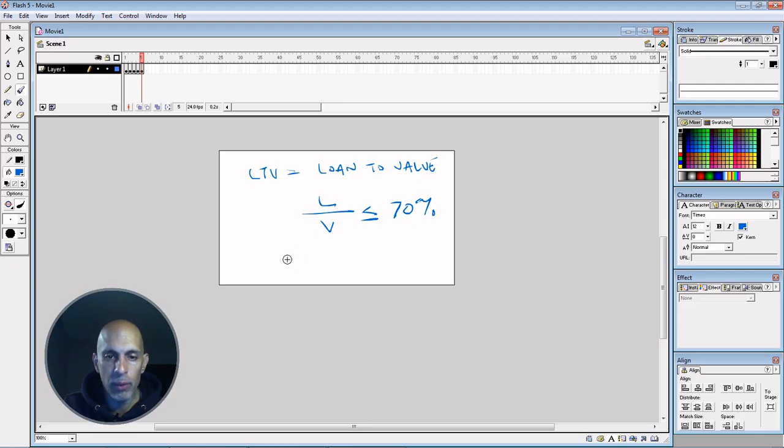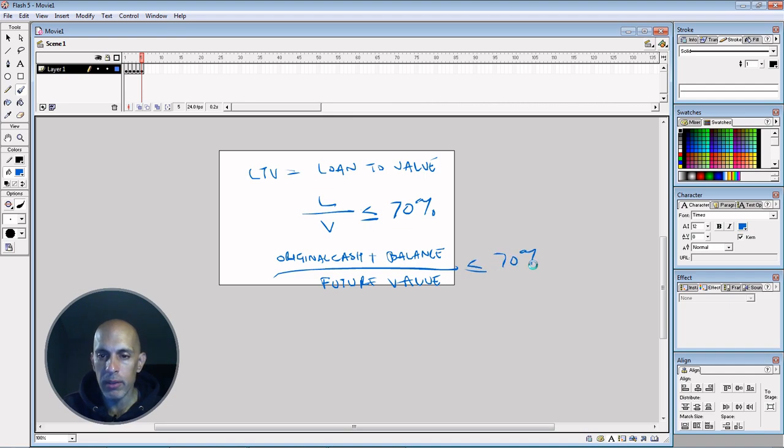So what we're going to do here, in this case, the loan is going to be original investment, original cash, plus balance, over the value of the building, in this case the future value, has to be less than or equal to 70%.